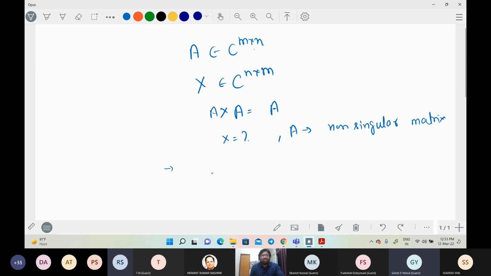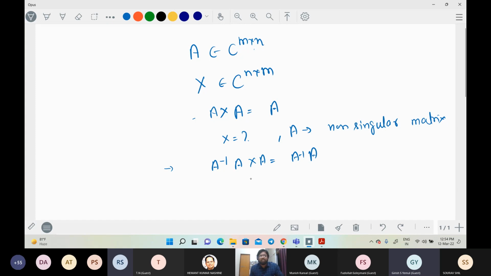So let me give the answer if you are thinking. If A is a non-singular matrix, then what does it mean? Inverse of A exists. So in this equation, we may pre-multiply by A inverse, right? Then A inverse A can be taken as identity.